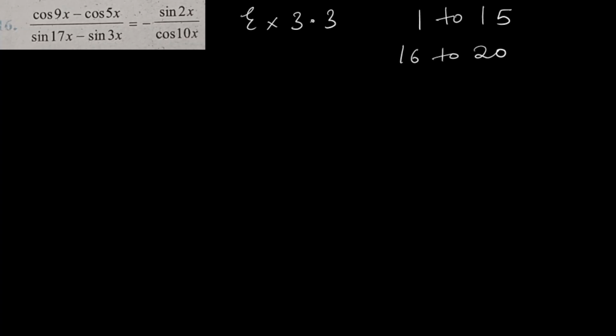The questions which we are doing are proof type of questions. Left hand side we have to prove equals to right hand side. So we can work out any one side. I'm going to start from the left side.